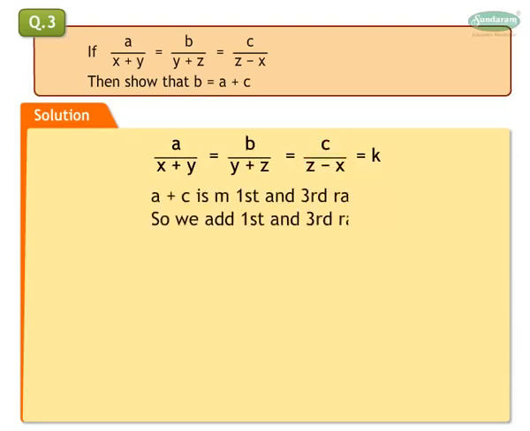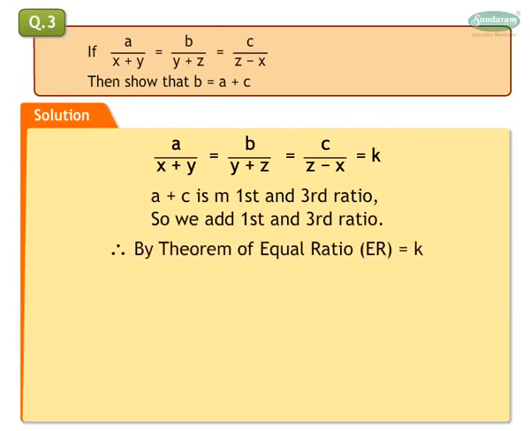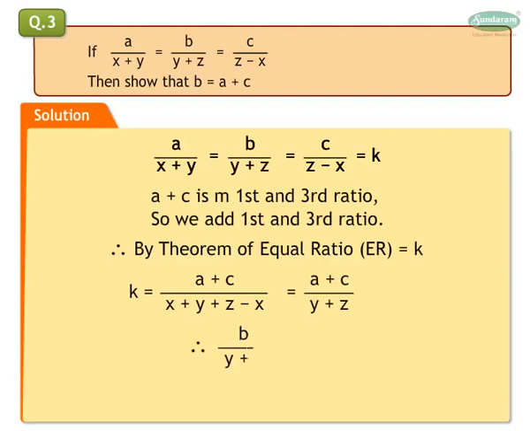Since a + c is in the numerator of the first and third ratio, let us add the first and third ratio and apply the theorem of equal ratios. k is equal to (a + c)/((x + y) + (z − x)). We now simplify and get (a + c)/(y + z). Now students, notice the second ratio, which is b/(y + z).